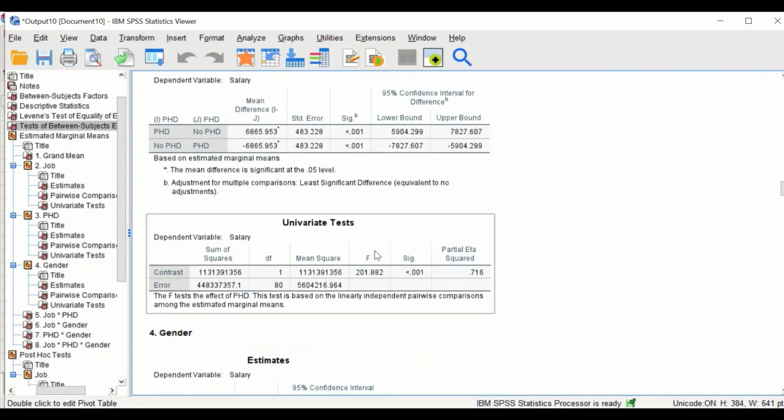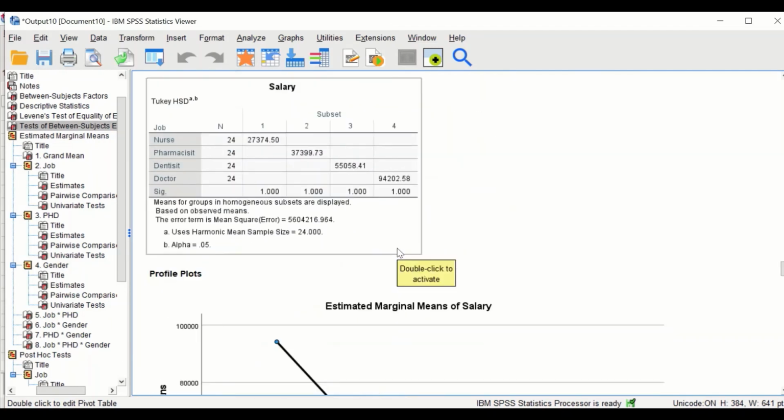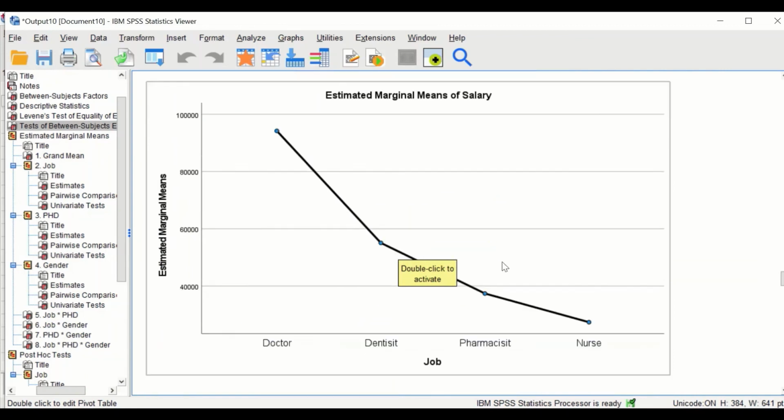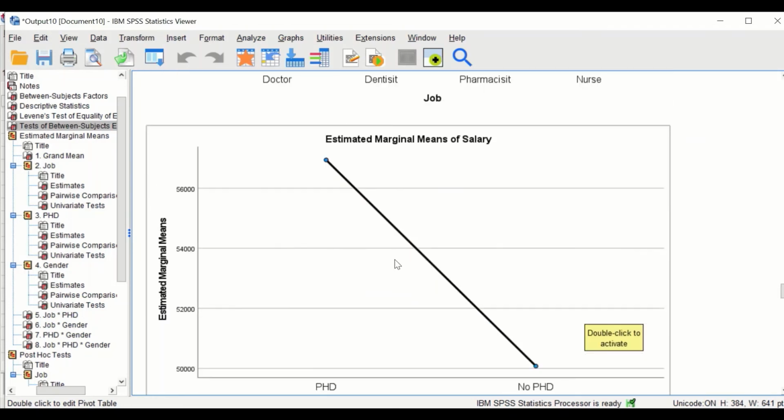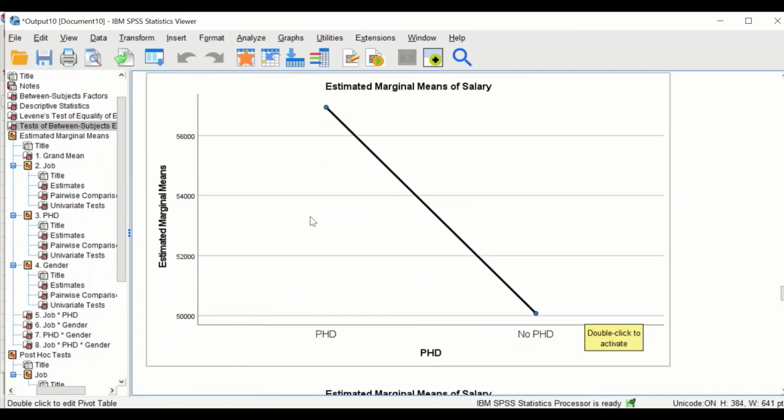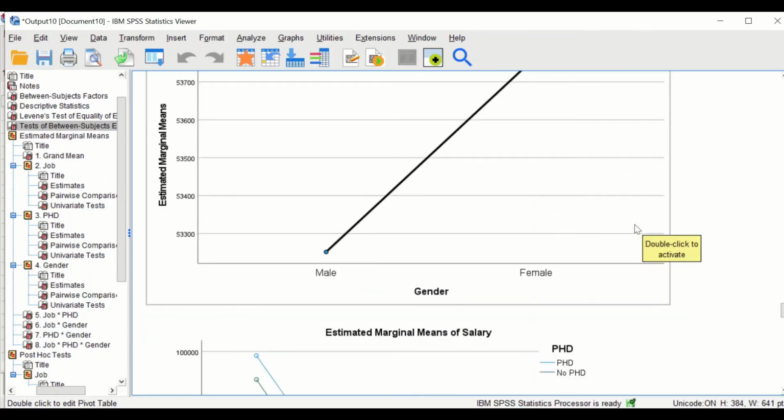If we scroll down toward the end, the first plot shows the job and the mean salary earned. As we can see here, doctors have the highest salary and nurses the lowest salary. The second plot shows that those who have a PhD tend to have higher salary than those without a PhD.